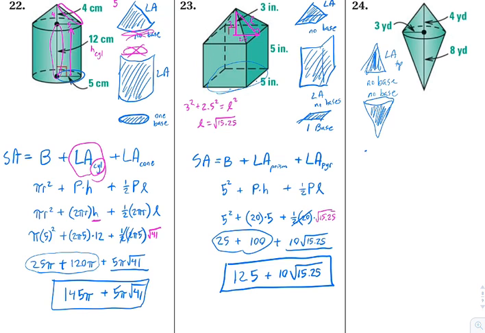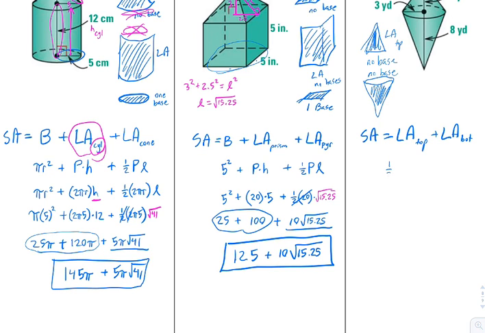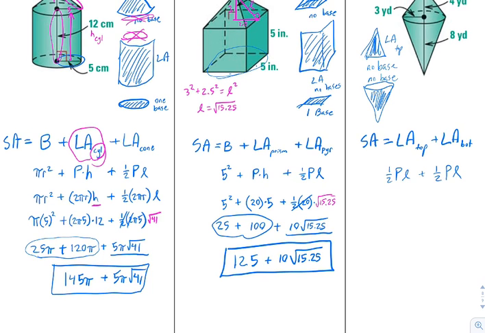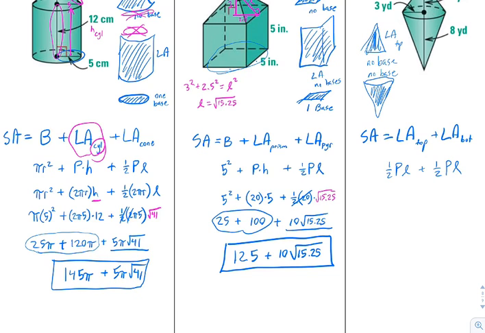So the total surface area is the lateral area of the top plus the lateral area of the bottom. So we get for both of those 1/2 PL plus 1/2 PL. And again, you could use circumference more correctly. I just remember it as perimeter because it's easier, one formula.